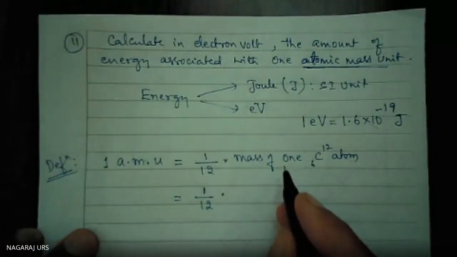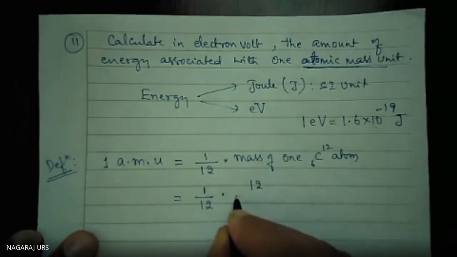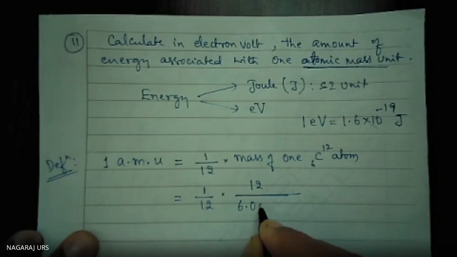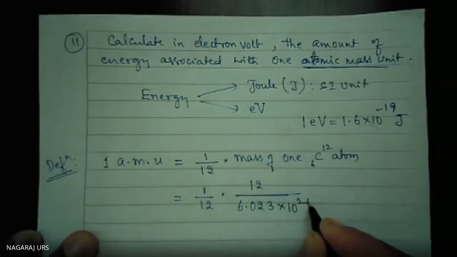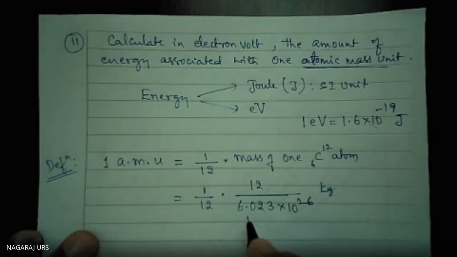So 1/12 mass of one carbon 12 atom is 12 divided by 6.023 into 10 to the power 26 kg. This is the Avogadro number. 6.023 into 10 to the power 26 atoms of carbon 12 weigh 12 kg.